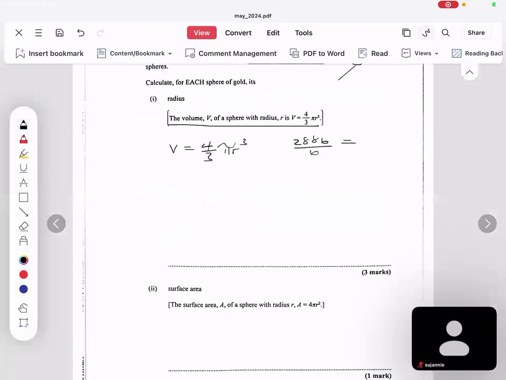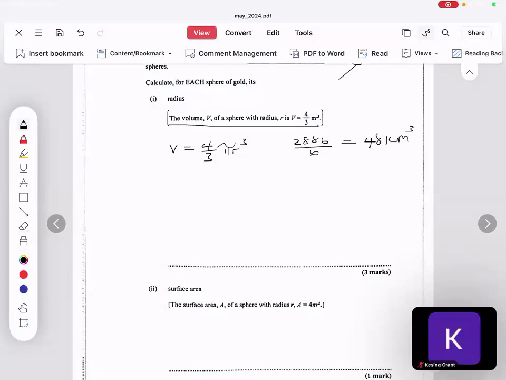So you see the importance of this. How many marks is it worth? 3. One mark is just because they want you to realize to divide the 2886 by 6. Go ahead and tell me what that is. 481. So each sphere represents exactly 481 cubic centimeters.